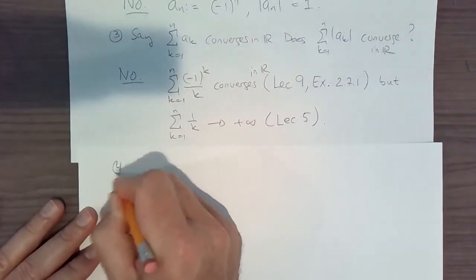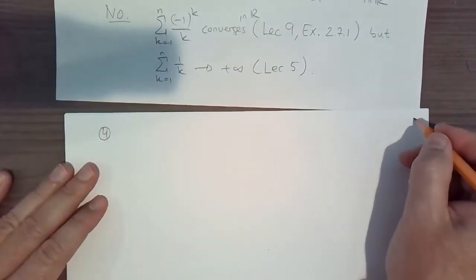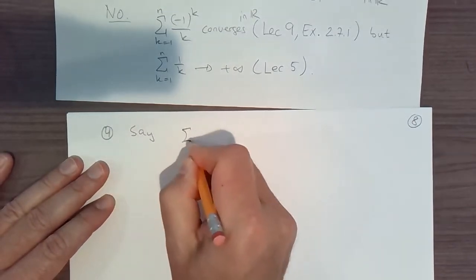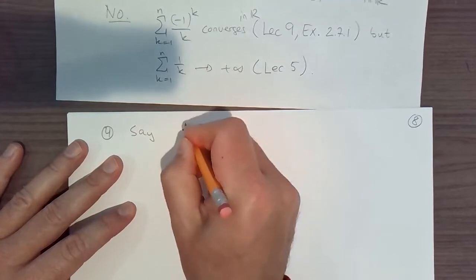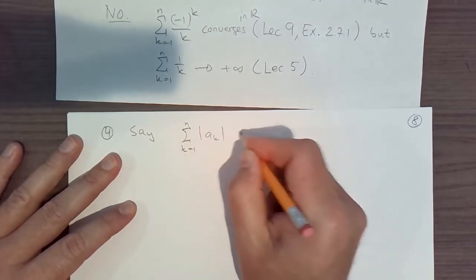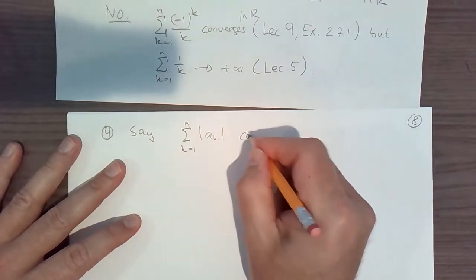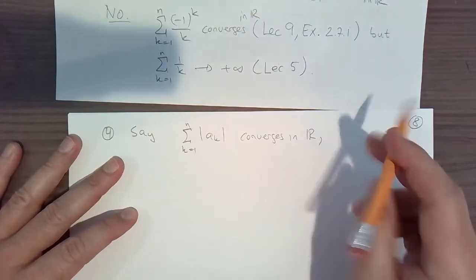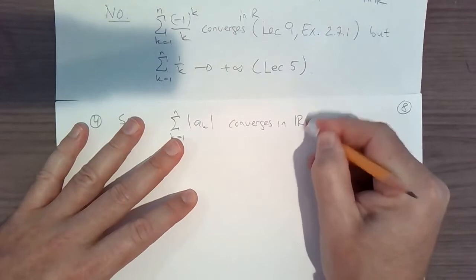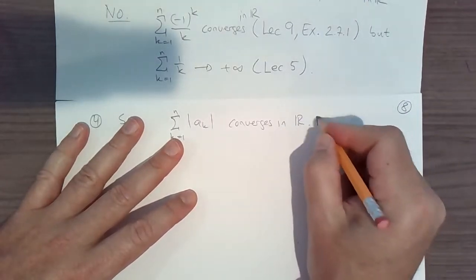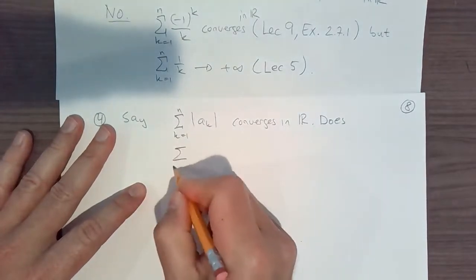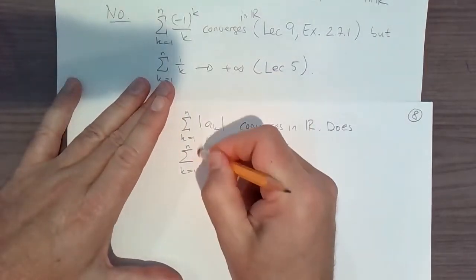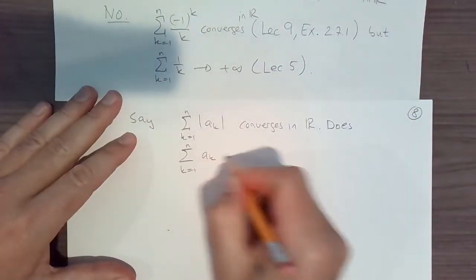So say that the absolute value converges, so that this converges in R. When I drop the absolute value, does this one converge?